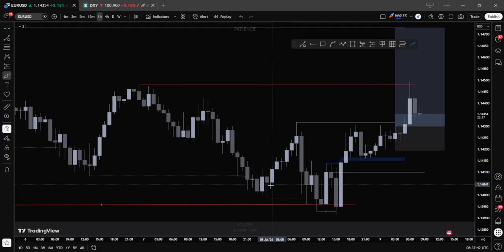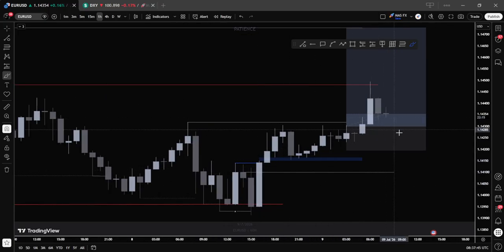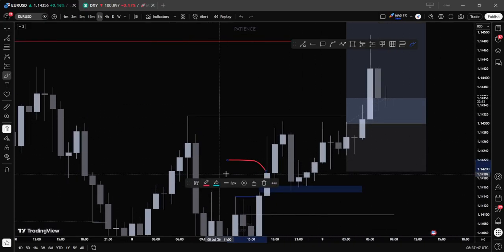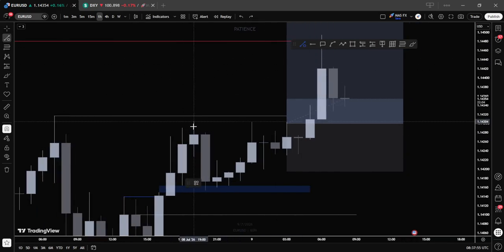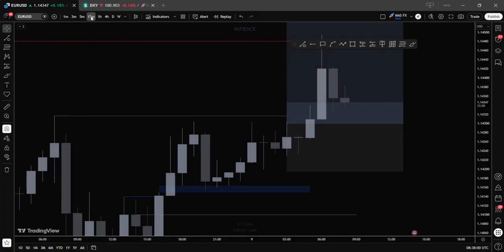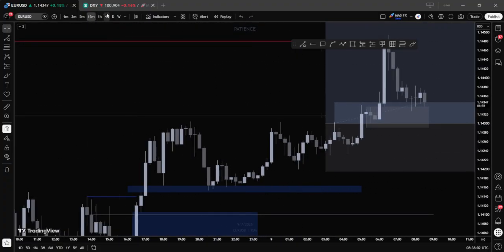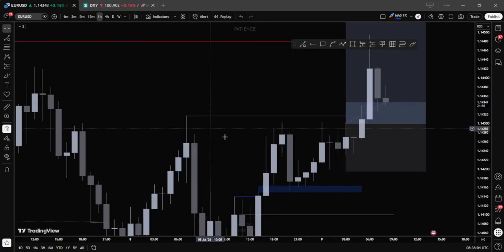So when I got up, I think price was around this level. At the time I took the trade, price was around this level over here. So why I actually entered the trade: we had a break of structure. I think on the lower time frame scalar. No, okay.